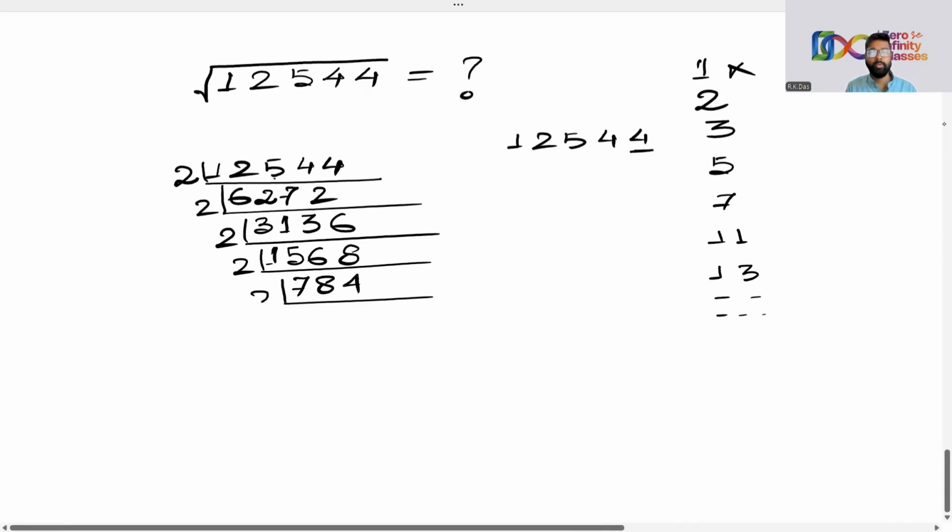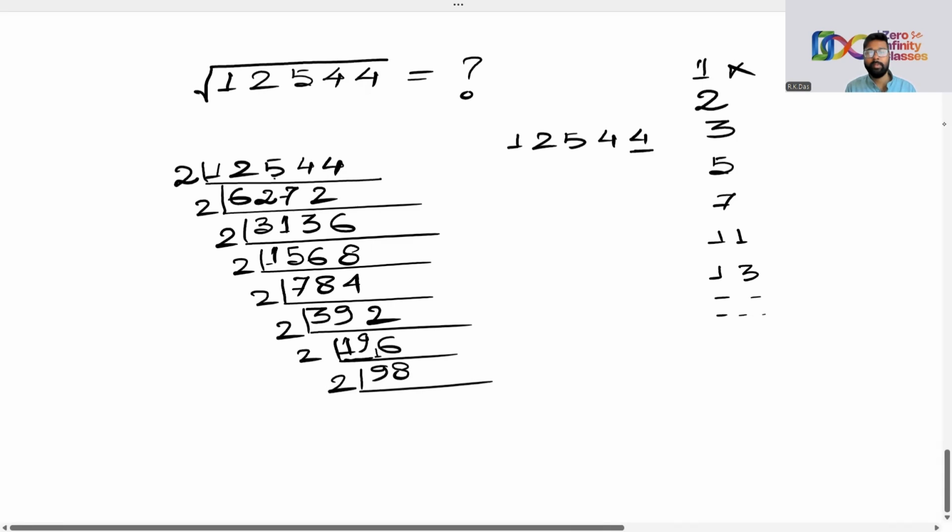Now again I am taking 2, giving 392. Again 2, giving 196. Again 2, giving 98.